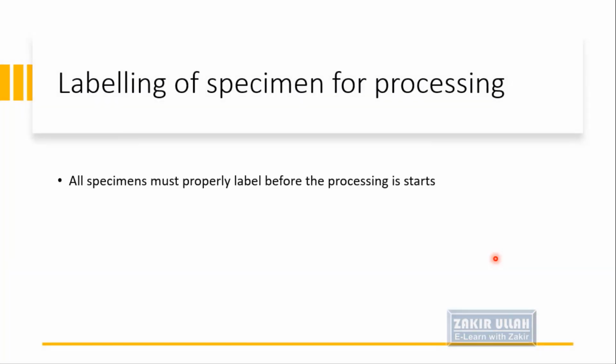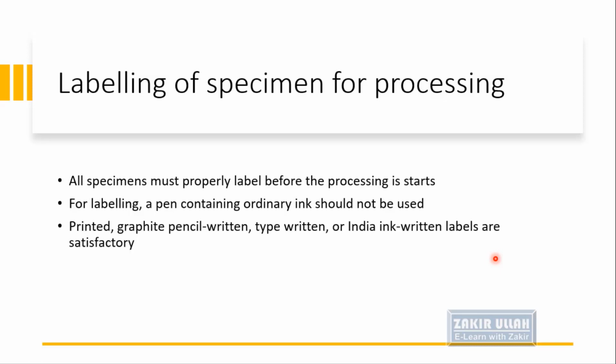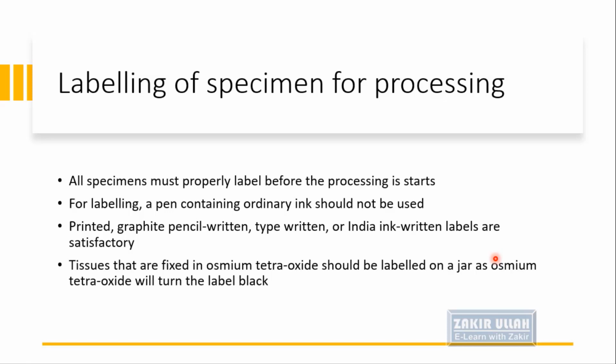All the tissues are properly labeled before the processing, because labeling is important. Ordinary ink should not be used for labeling, but a printed page or a graphite pencil is written on the cassettes, and typewritten or India ink written labels are satisfactory.